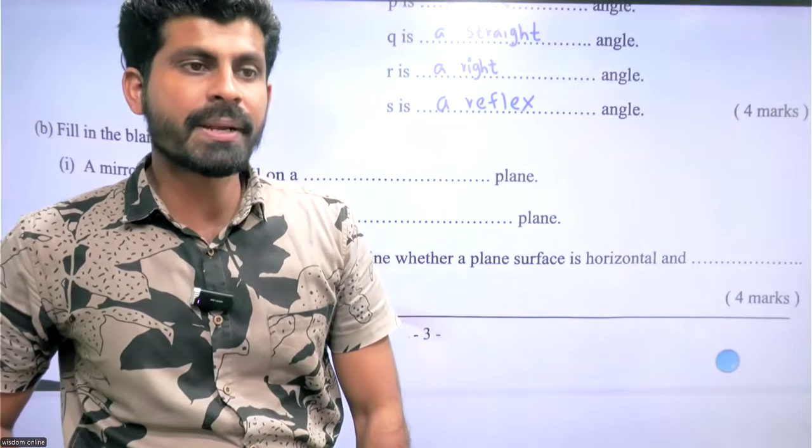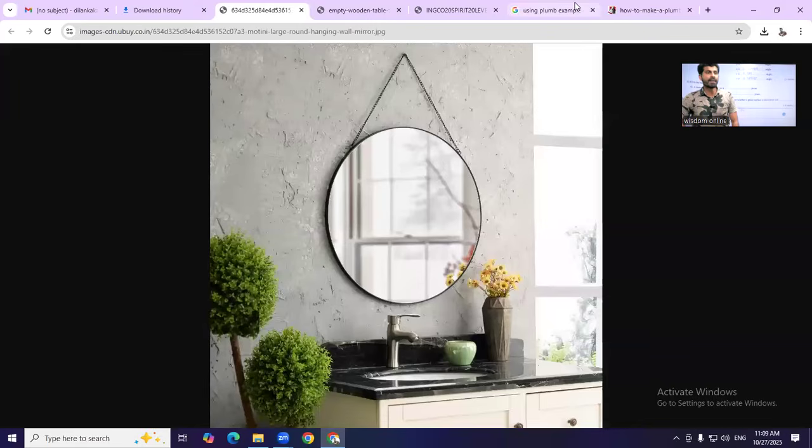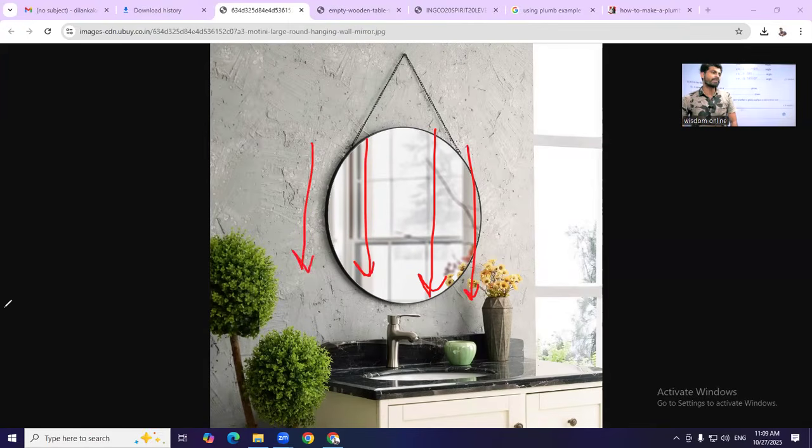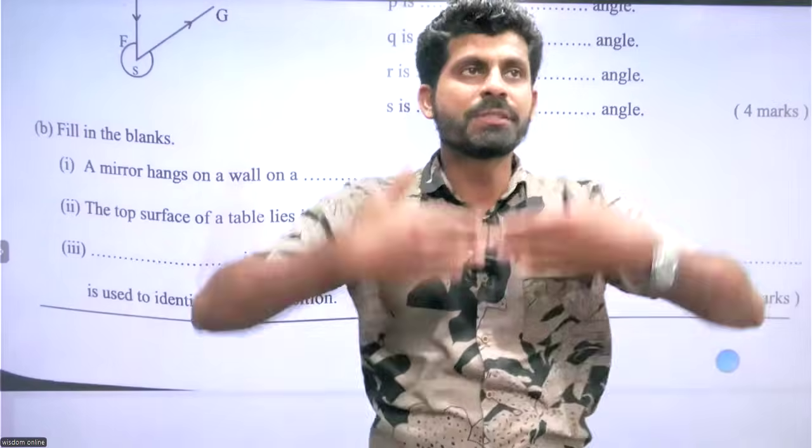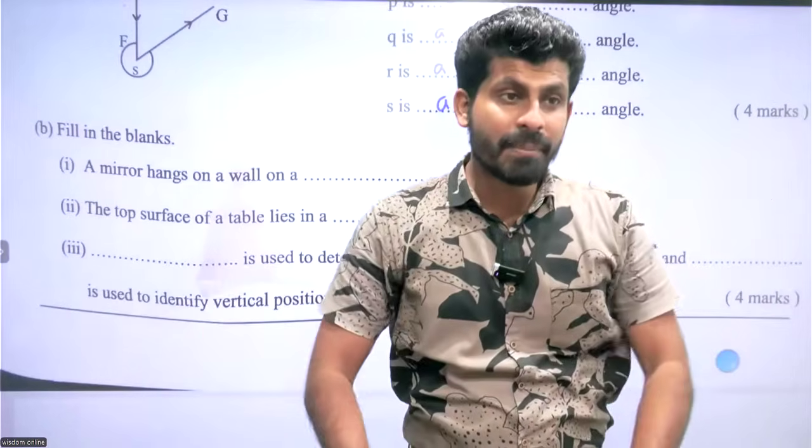Look at this one. Look at the plane, right? So this is the plane. The mirror hangs on a wall. That plane is known as a vertical plane.